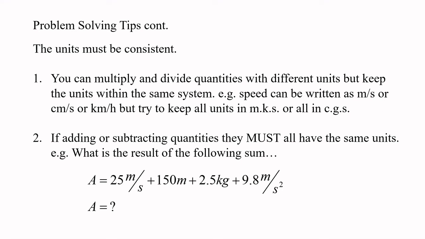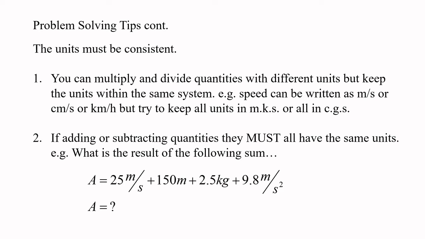Now, as I said, we can multiply and divide quantities with different units. But if we're adding or subtracting quantities, they must have the same units. For instance, it makes no sense to add your mass to your height, right?